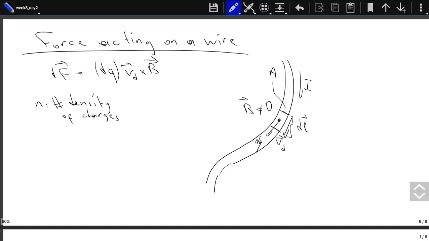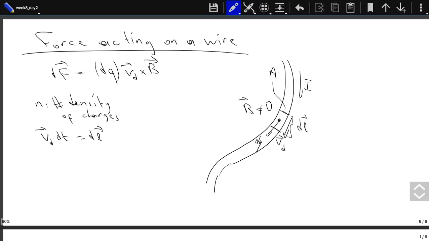Now, let's try to relate this to the current. Let's assume that we choose a time dt such that the drift velocity multiplied by dt is equal to dl.